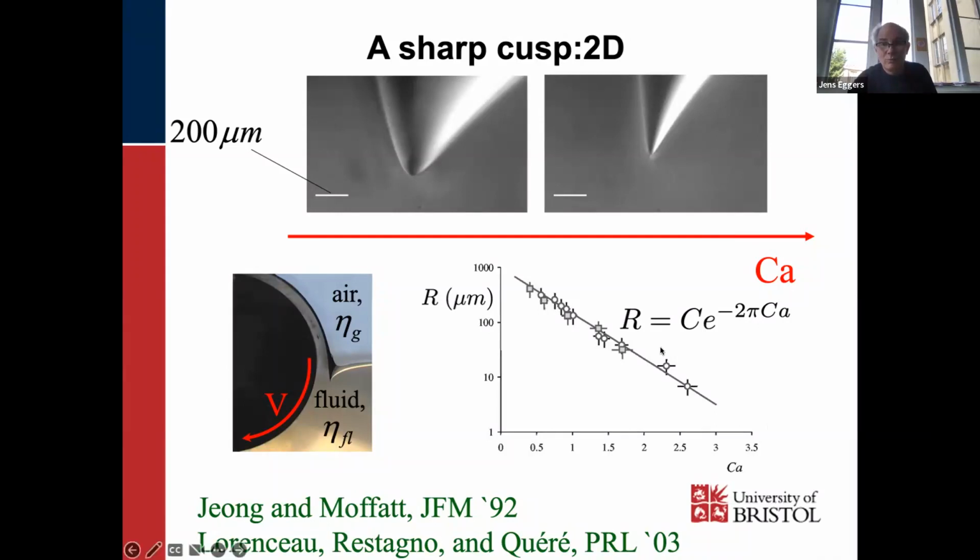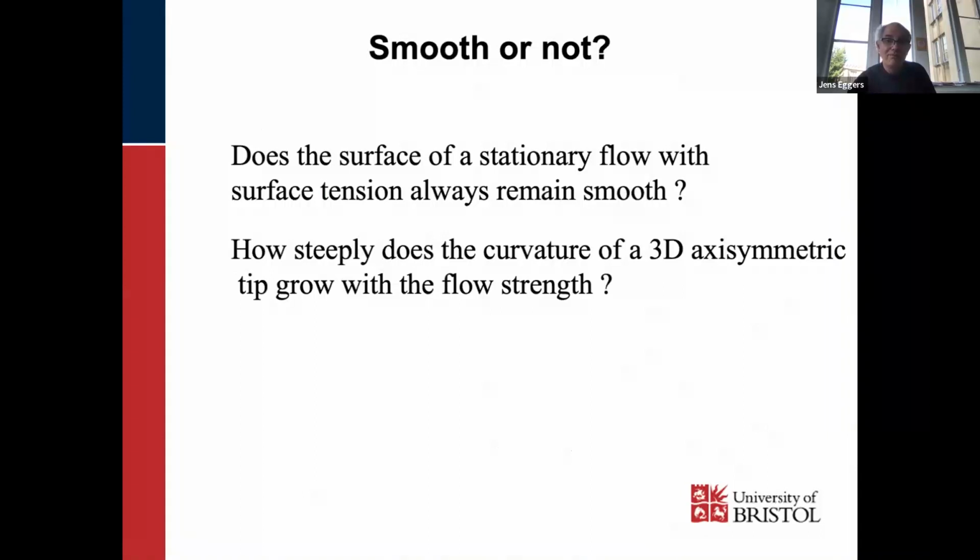And now the question will be, if I have an axisymmetric flow, what will the corresponding relationship be? Will I be able to force my interface even stronger? Or is my interface relatively smooth?